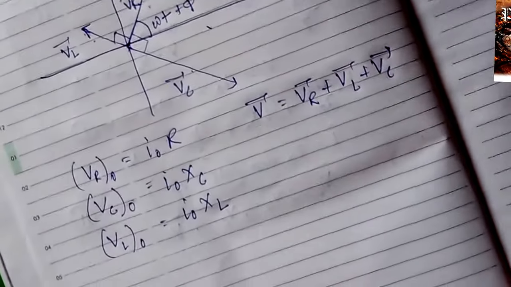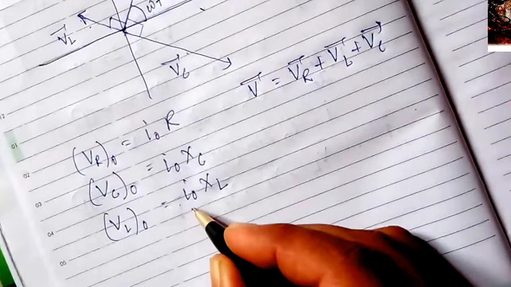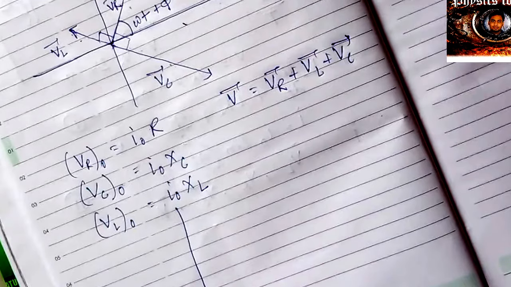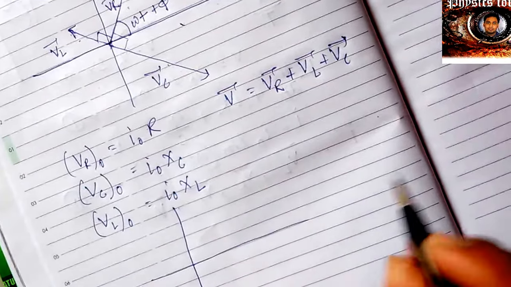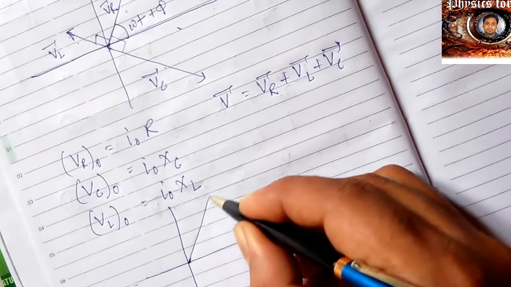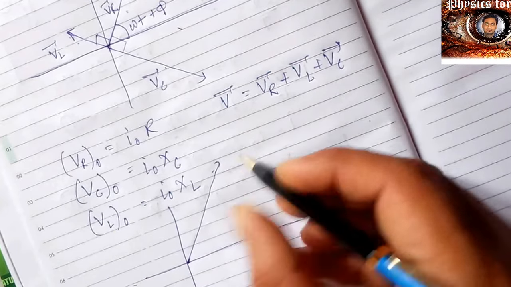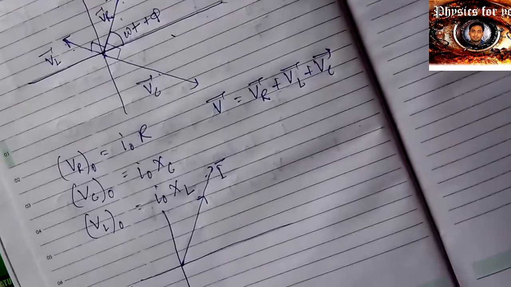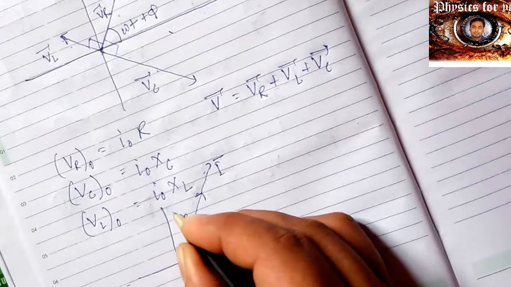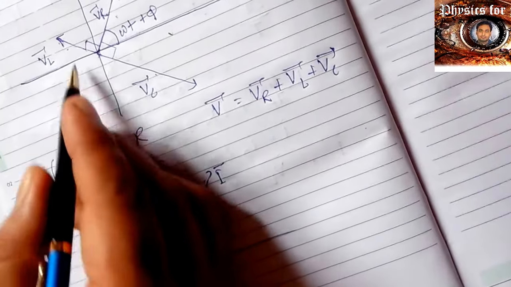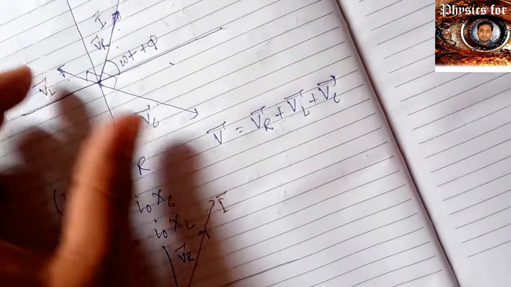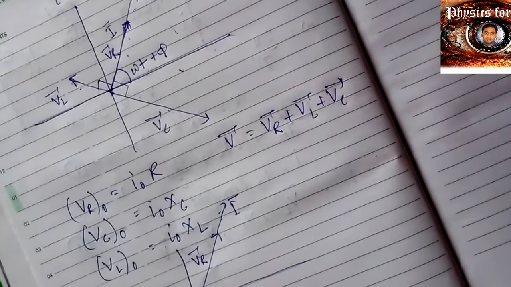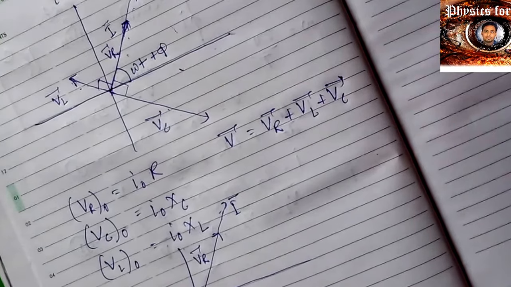Okay, so now I will draw the next diagram here. This is the phasor of I, this is VR. Now the resultant of the two, that is VL and VC, is given by this.